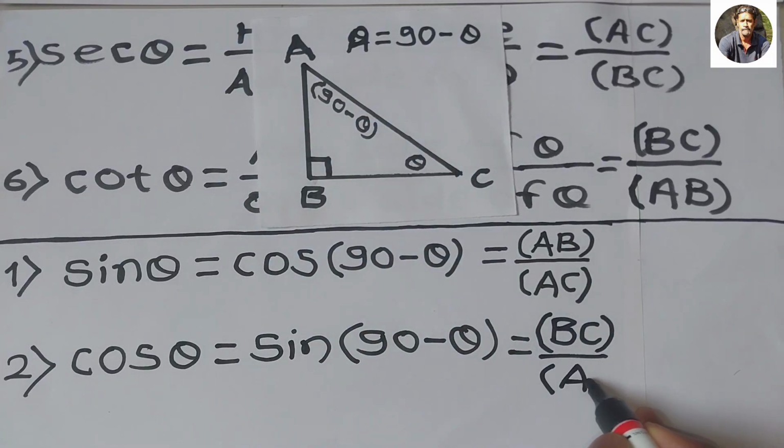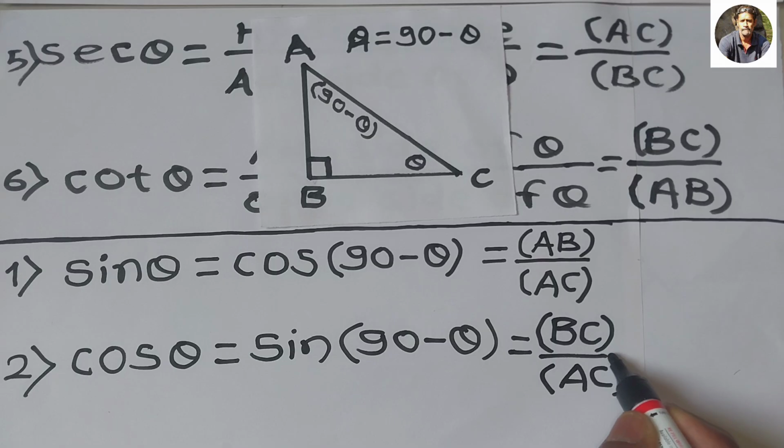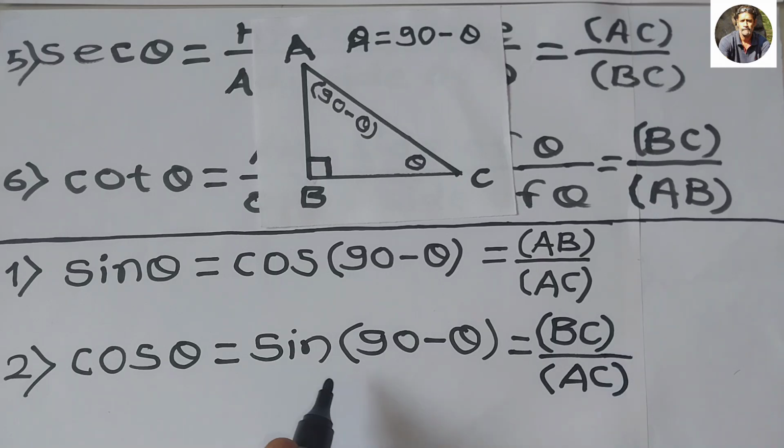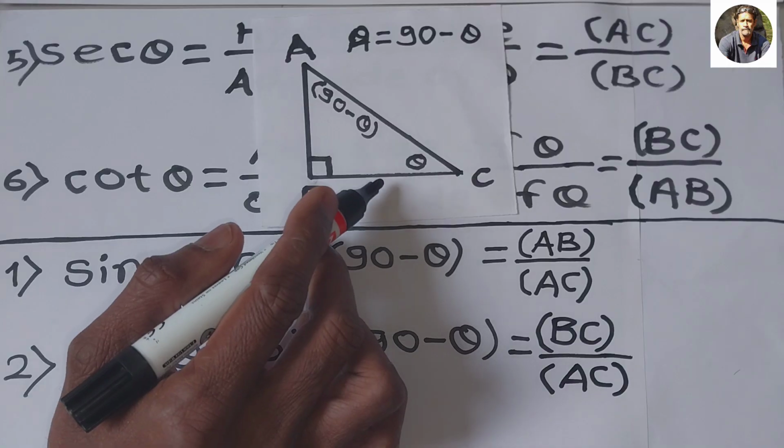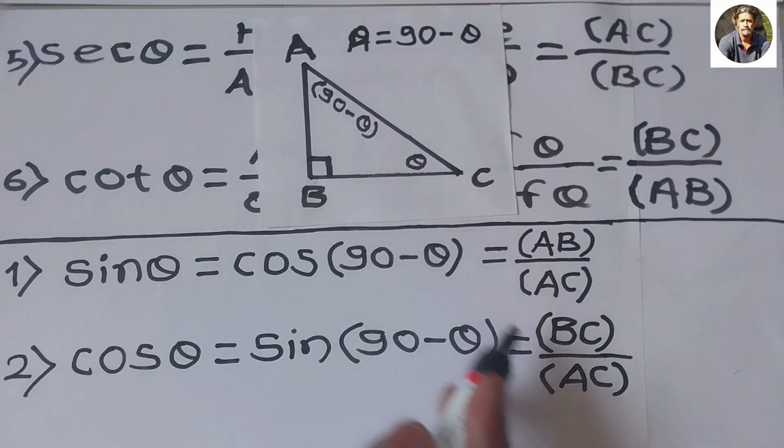This is formula and we put values here. Same way for sin 90 minus theta means opposite side, that is BC, and hypotenuse AC, means values are same.